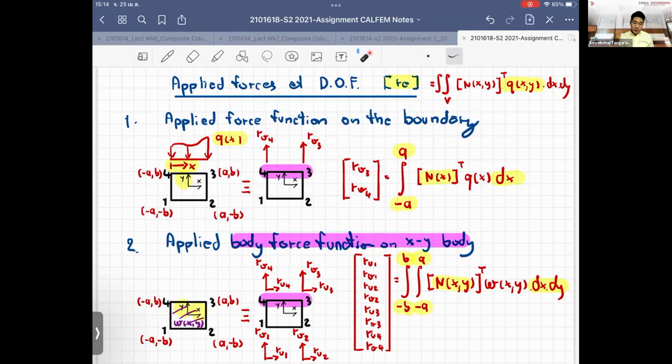If you have a nonlinear force function, to get the force allocated to each of the nodes, you need to take the integration of the force term times the shape function transpose over the range that you're looking at in terms of a single dimension. If you look at the two dimensions x and y, you need to take a double integration, and you define the function of the force.